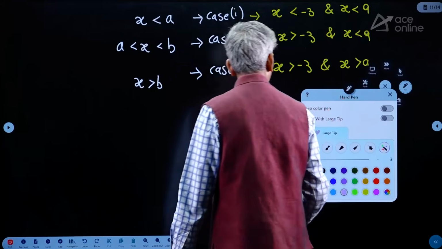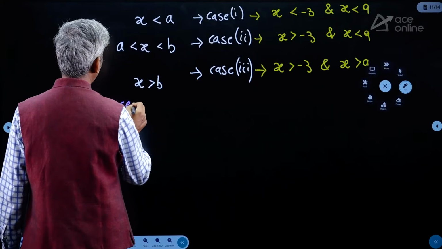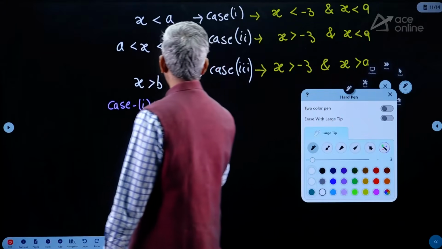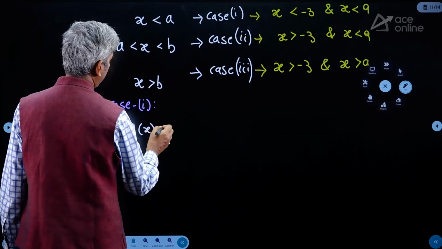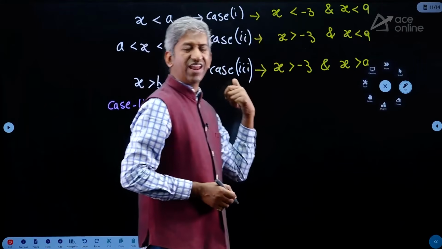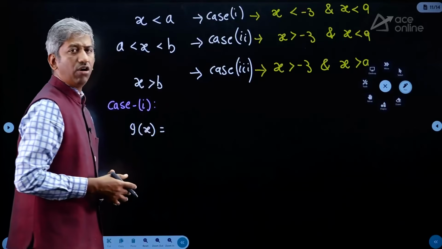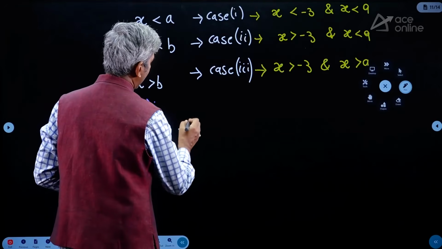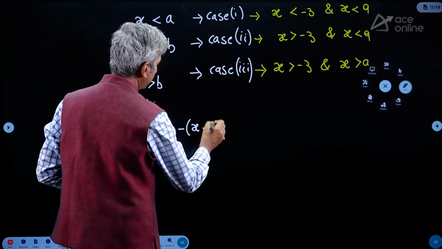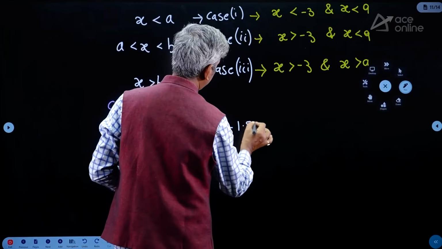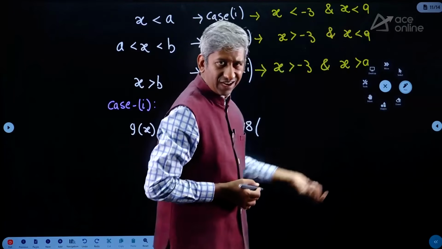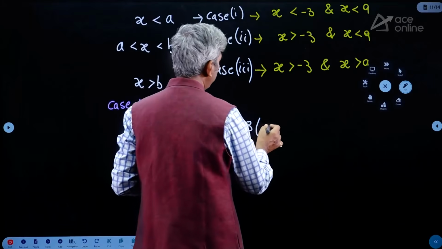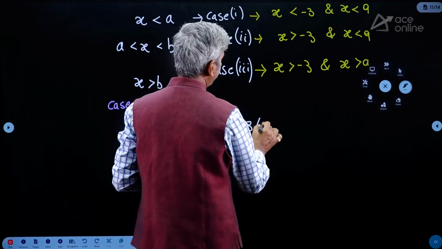So, for case 1, that g of x is given as, because x is less than minus 3, your modulus value of x plus 3 would be a negative value, such that I am always taking that as minus of x plus 3, minus 1.8, and because x is also less than 9, modulus of x minus 9 would also be a negative value, such that it would be minus of x minus 9.